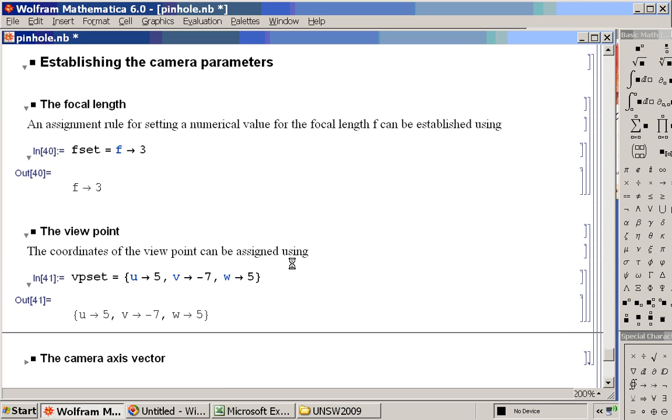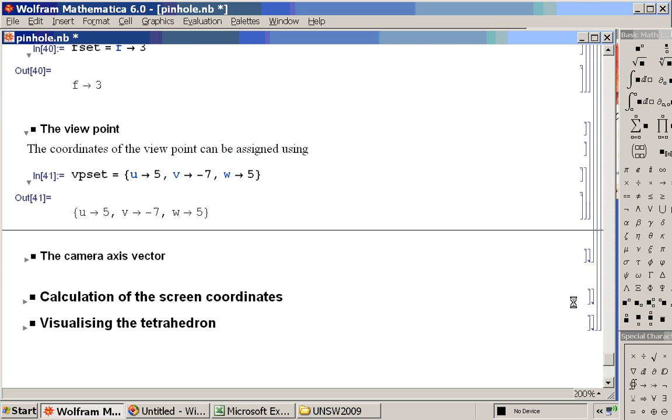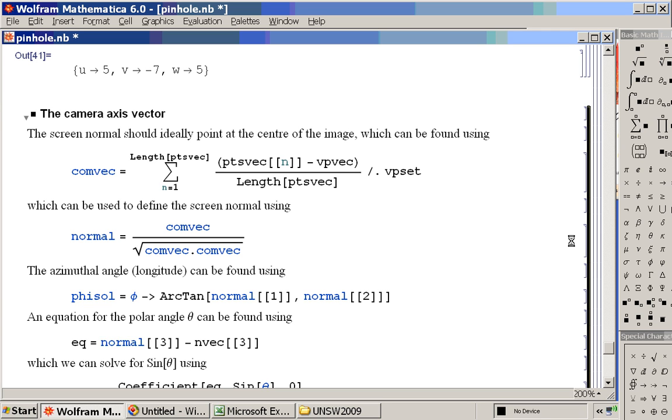And now we want to calculate the camera axis vector. Well, to do that, we need to point the camera at the object. So what I'm going to do here is to compute the position of the center of mass of all those image points.